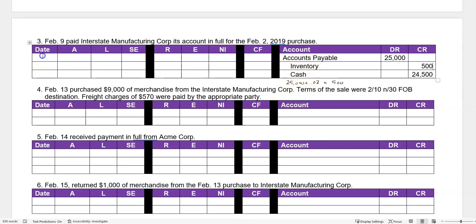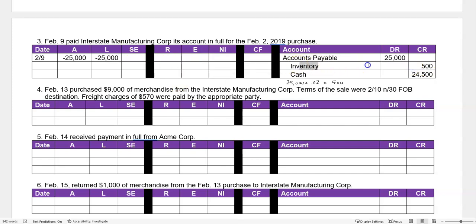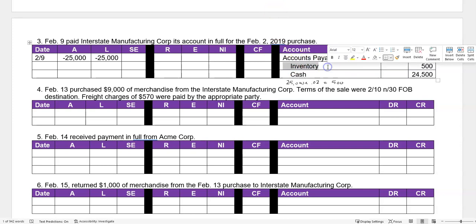All right, so how does this impact our financial position on February 9th? Well, one, our assets are going down by $25,000. So we got a negative 25 in assets. Our liabilities are going down by $25,000 as well. There's no impact to the income statement because we haven't necessarily sold these. We've sold a little bit of them, but these are not expenses to us.